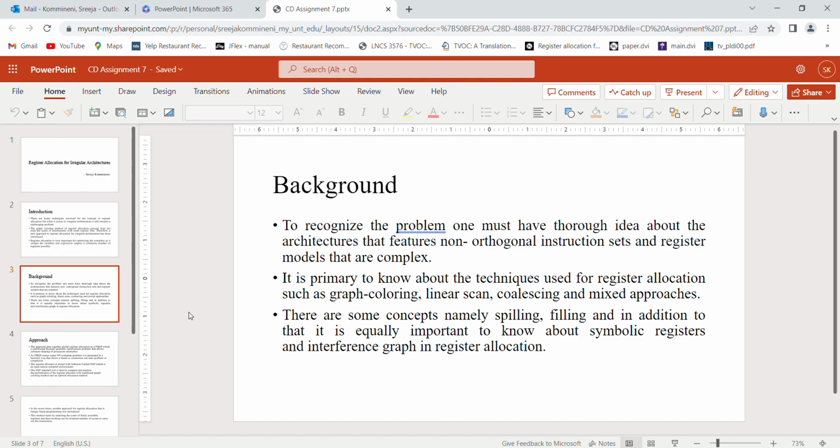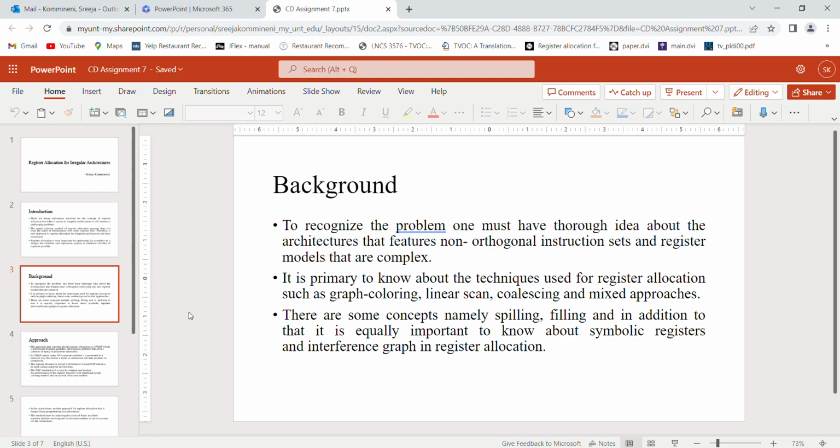It is primary to know about these techniques. There are also some concepts, namely spilling and filling, and it is equally important to know about symbolic registers and coloring vertices in an interference graph in register allocation.